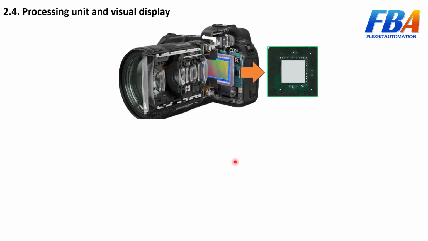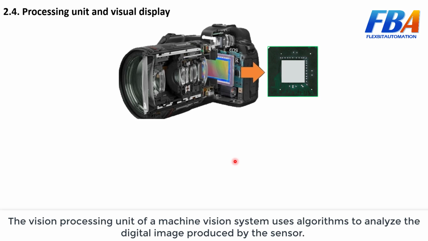And the next component is the processing unit and visual display. The first one is about the vision processing unit of the machine vision system. It uses algorithms to analyze the digital image produced by the sensor.